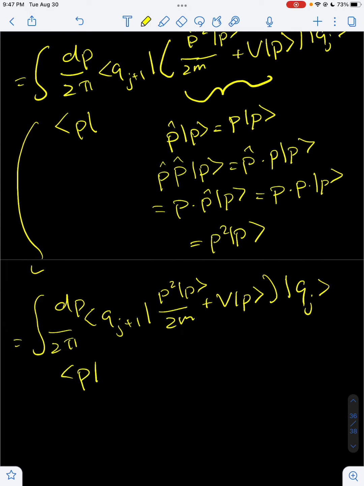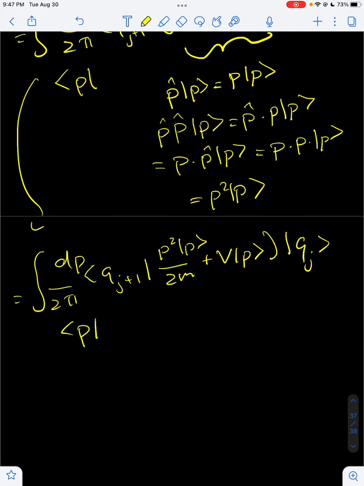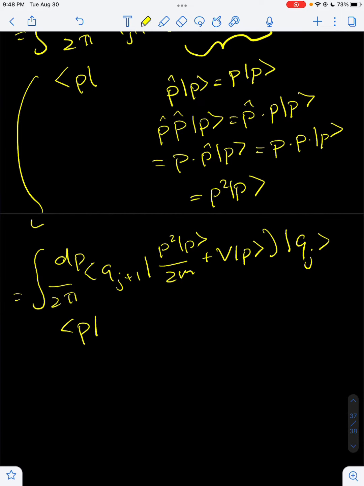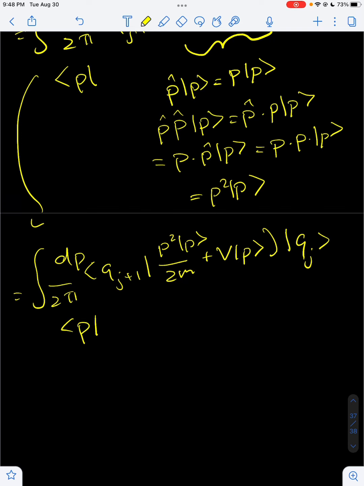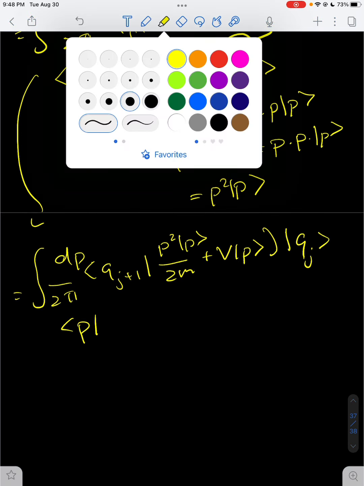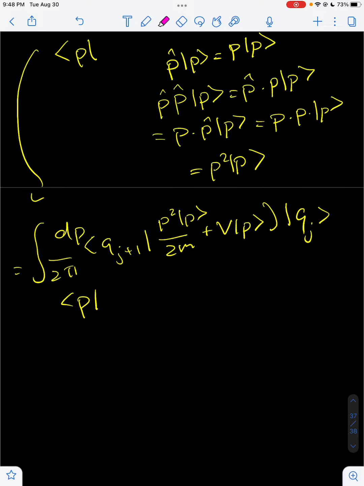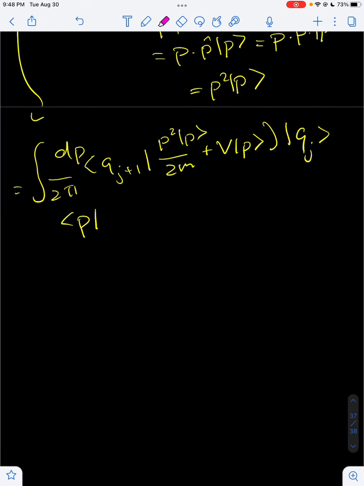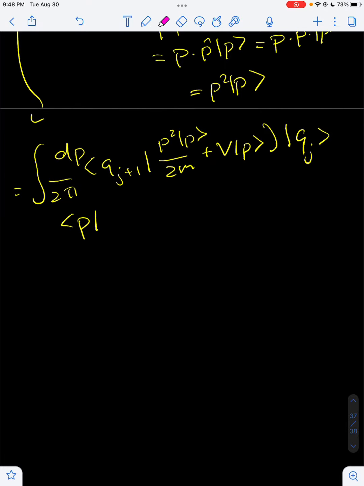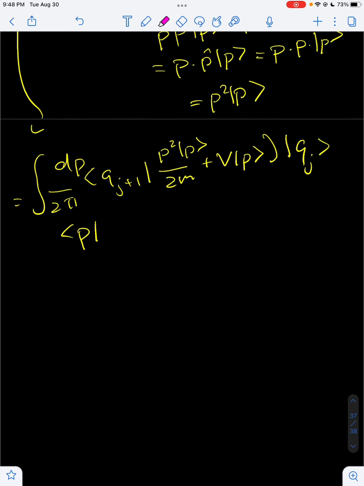So now we have switched to momentum space. Now our momentum is no longer an operator. Now we just have a nice smooth variable of momentum. We no longer have a p hat here. That's going to be very convenient for us, since our Hamiltonian will also not be an operator anymore. So we can now just take the |p> out of the parentheses, which should be there if I was paying attention.